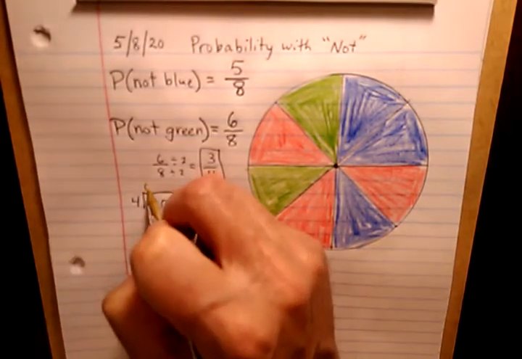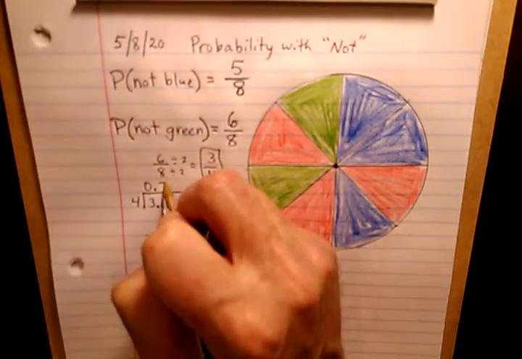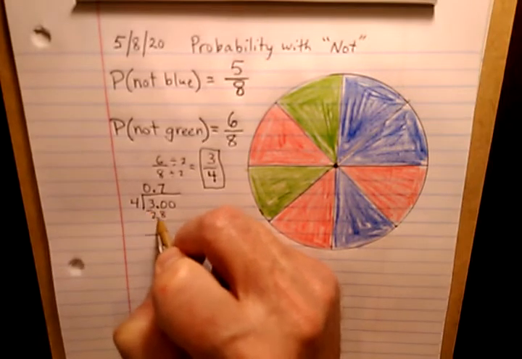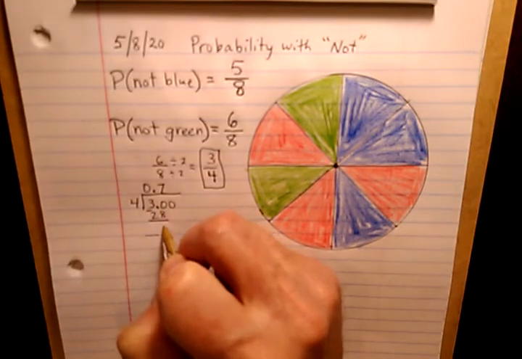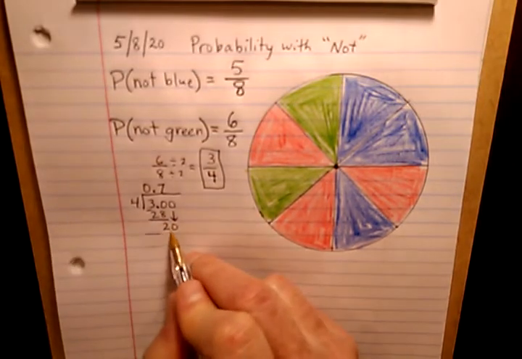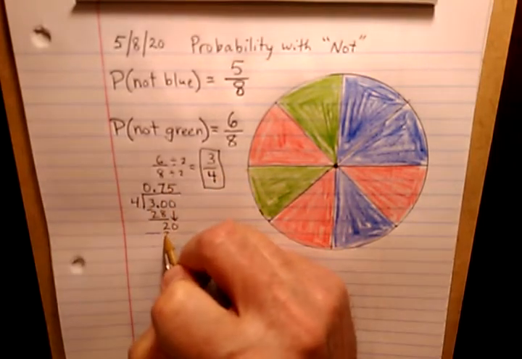4 does not go into 3, so we put our 0 there, but 4 goes into 30 7 times, because 7 times 4 is 28. And that gets us close to 30. 30 minus 28 is 2. Bring down the 0. Does 4 go into 20? Yeah, 5 times. 5 times 4 is 20.